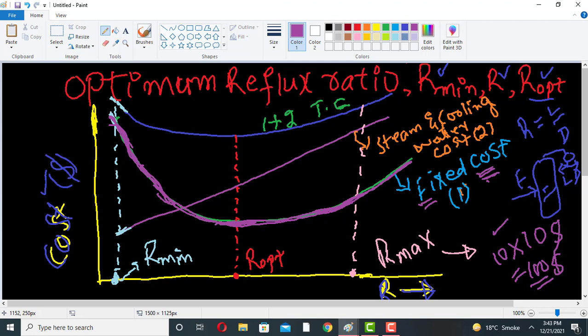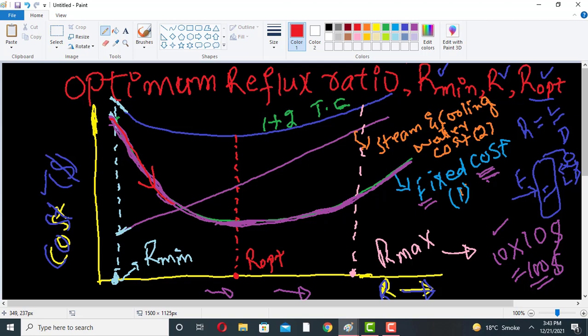As we see from this figure, as the reflux ratio increases, the fixed cost decreases.